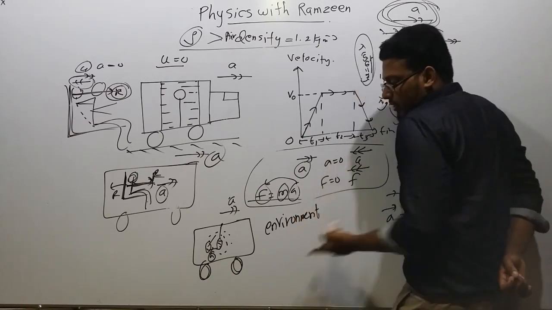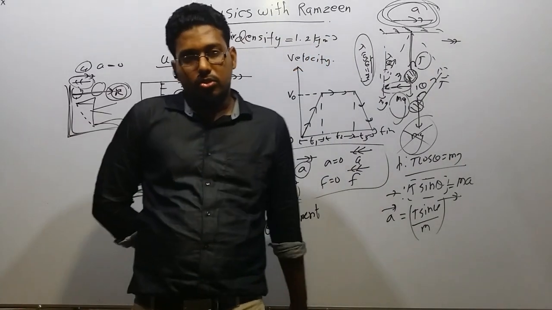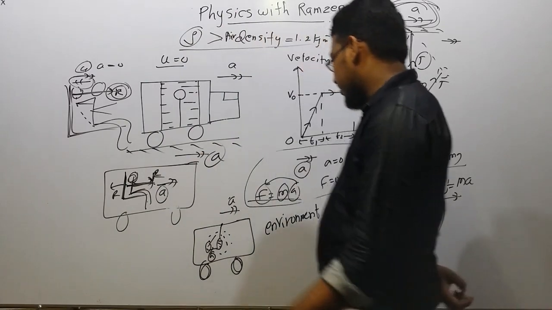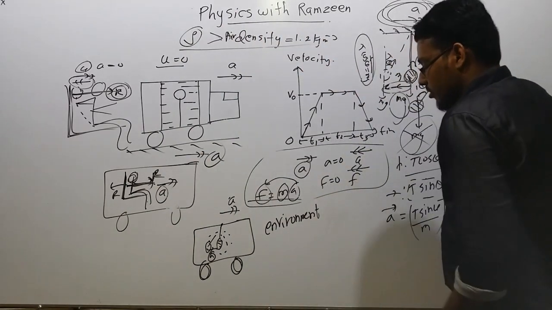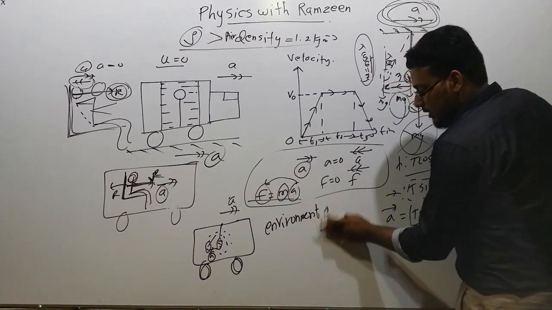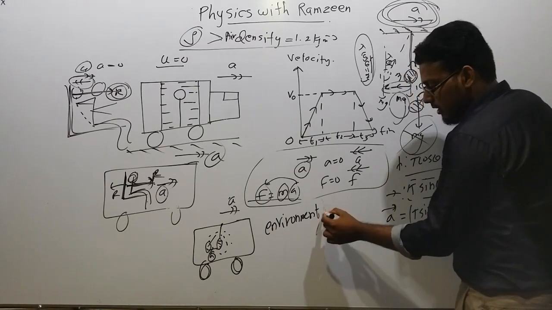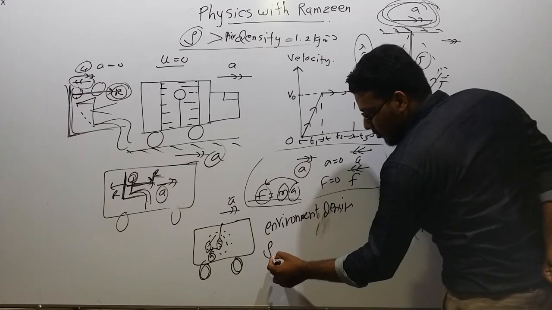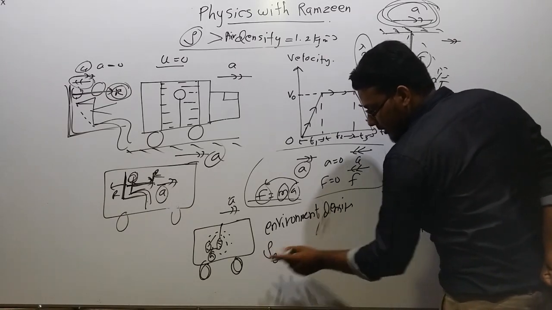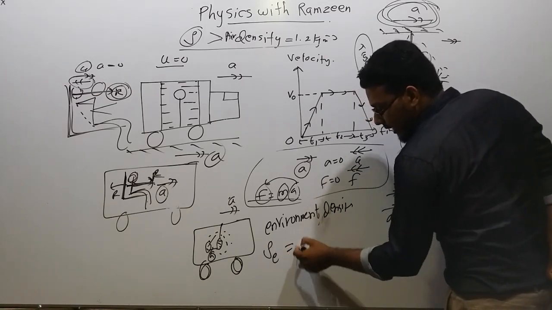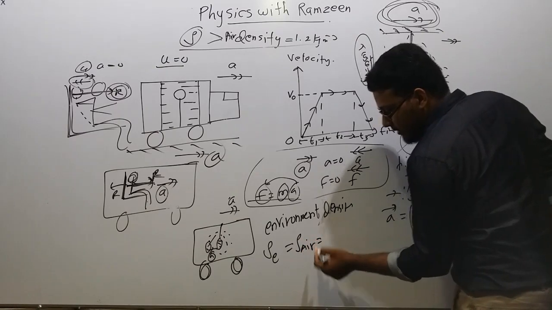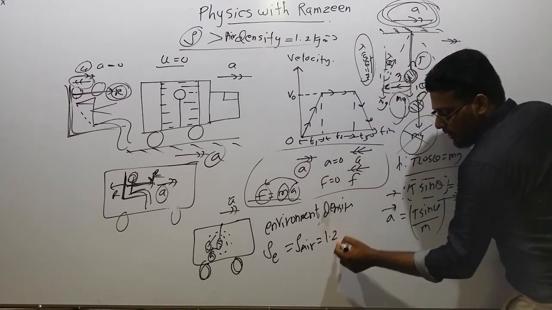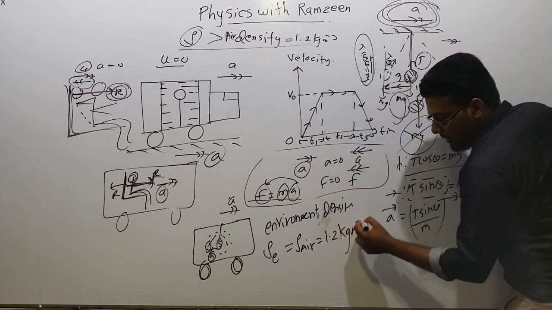When we are in the world, the environment is surrounded by air. So the environment density is always air density. I choose rho E for the environment density. Air density is very low, 1.2 kilogram meter minus 3.